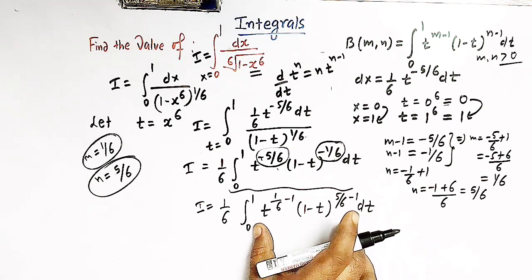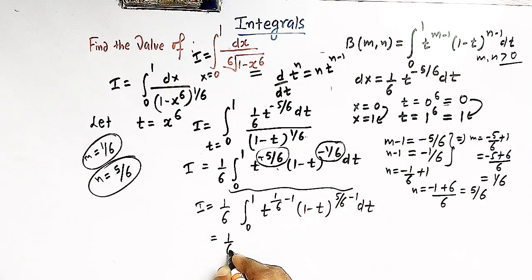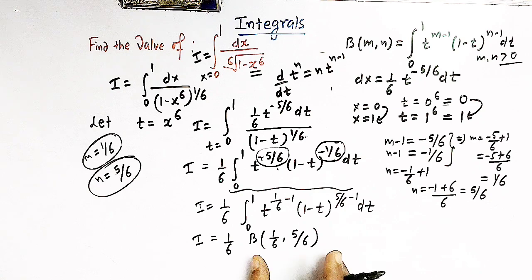So now this integral is exactly similar to the beta function, so we can replace this integral by beta(m, n), where m is 1/6 and n is 5/6. So now we have to find out the value of this expression. To get the value of this expression, we'll make use of an important relation between beta and gamma functions.